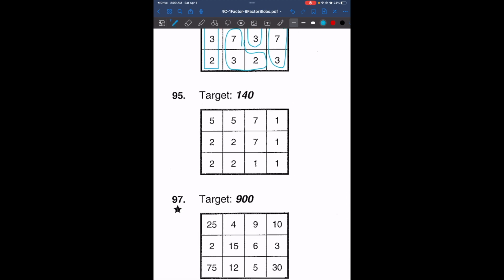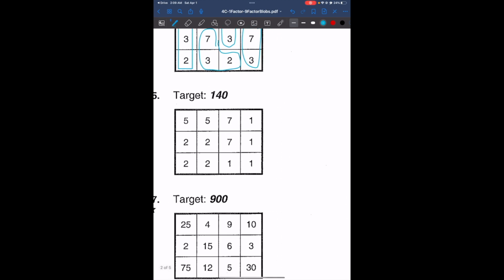And so our target number is 140. So I'm going to start by doing prime factorization. And so we can express 140 as 2 to the power of 2 times 5 times 7.